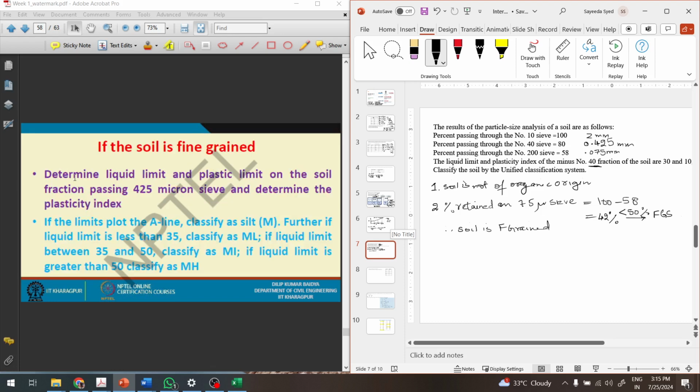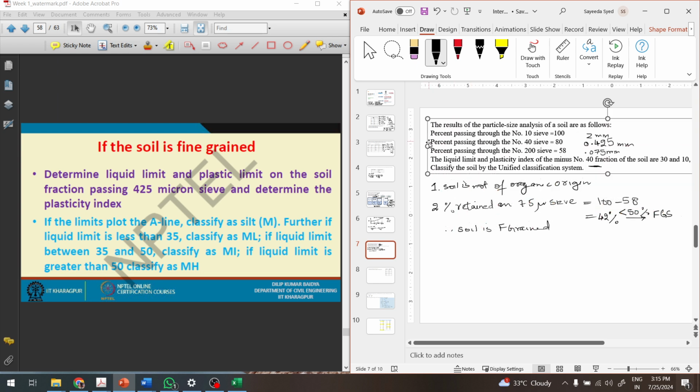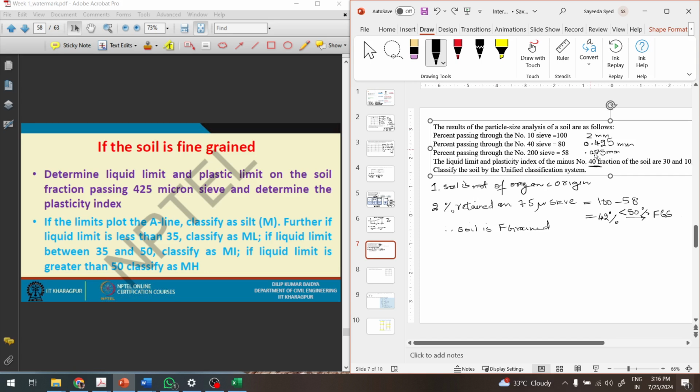If the soil is fine grained, determine the liquid limit and plastic limit on the soil fraction passing the 425 micron sieve. So, sieve number 40, we have been given the liquid limit and the plastic limit. We have determined the liquid limit on the 425 micron sieve, passing the sieve, which is 30, and we have been given the plastic limit, which is 10.